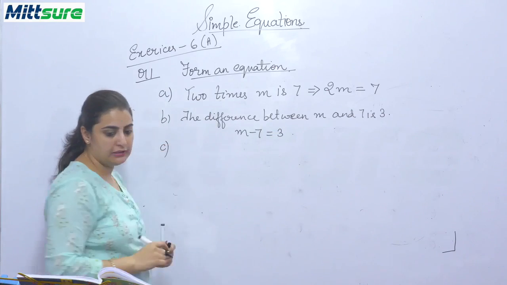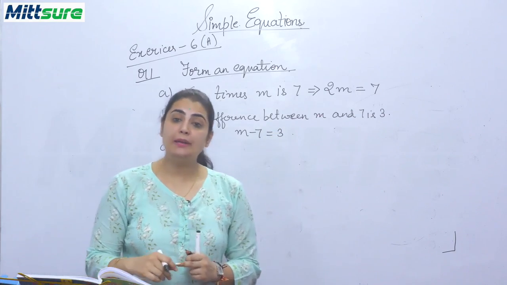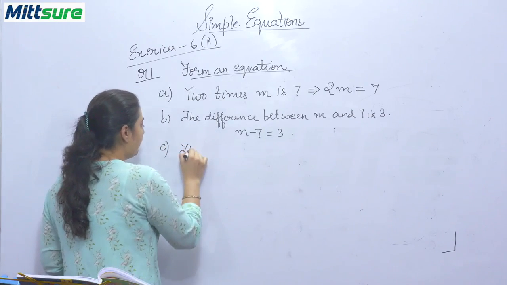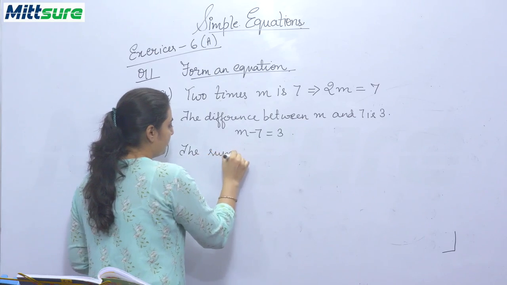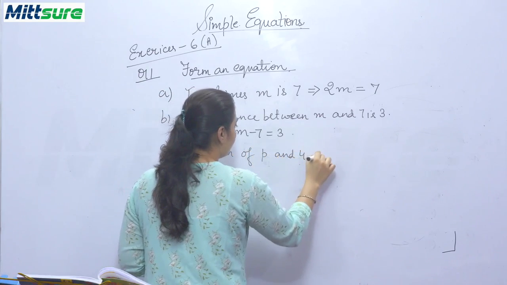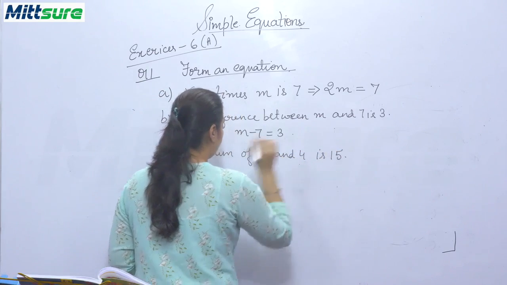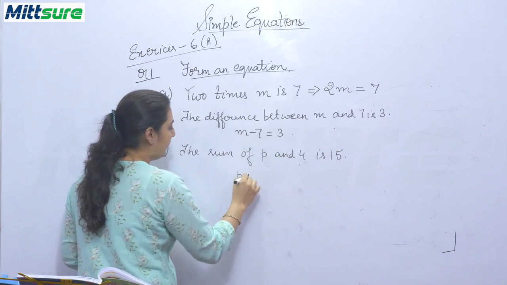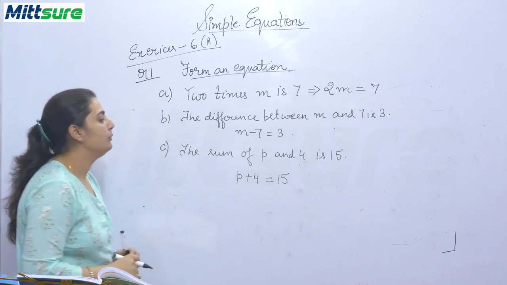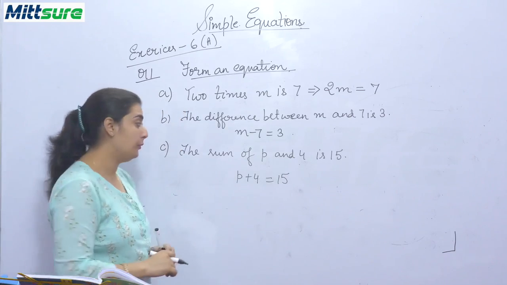Now let us talk of the third question. The sum of p and 4 is 15. That is p plus 4 equals 15. This is how you will put this statement into an equation.